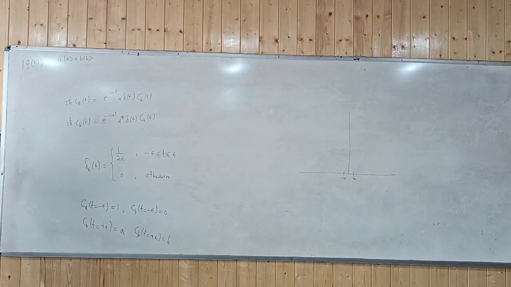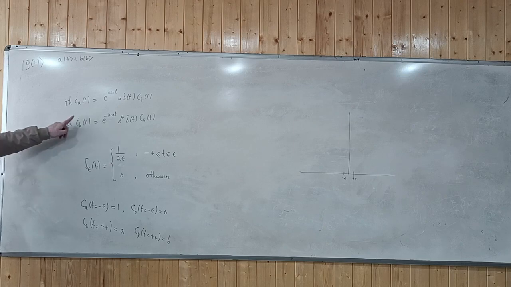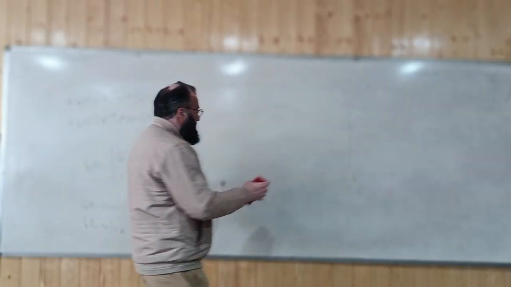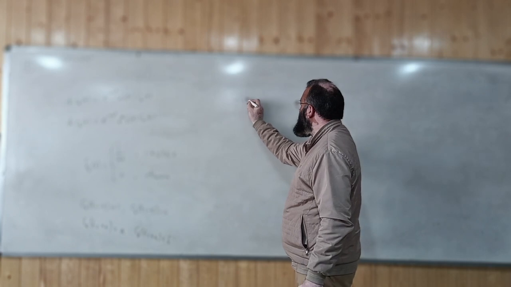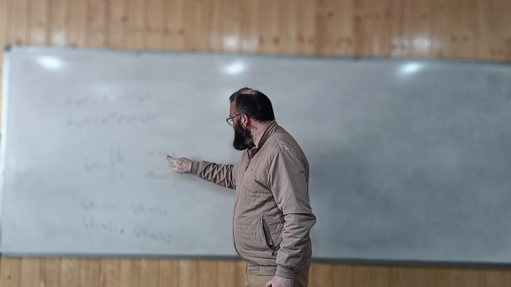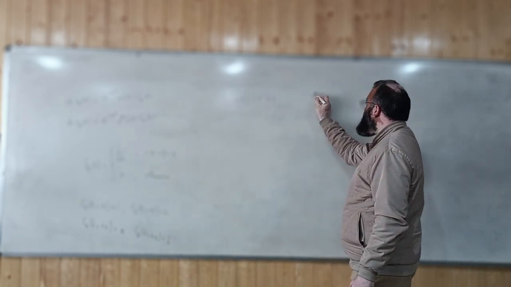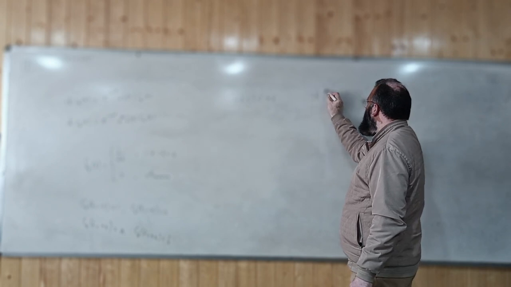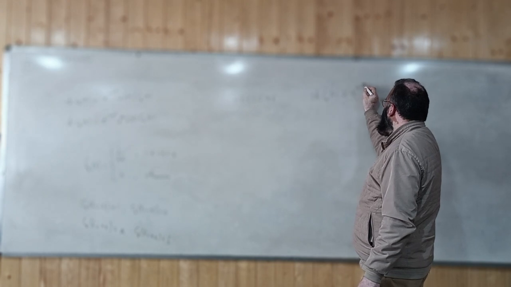These are the boundary conditions. Within this domain, minus epsilon to plus epsilon, C_A and C_B are governed by these equations: i h-bar C_A dot equals e raised to i omega naught t, alpha, delta P, C_B.